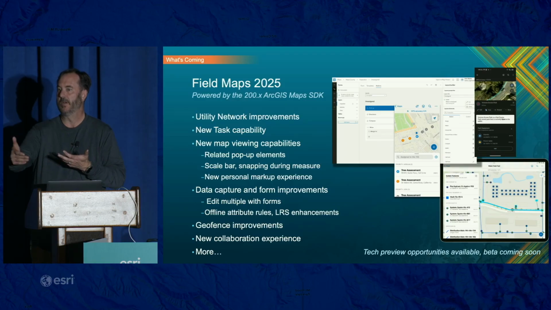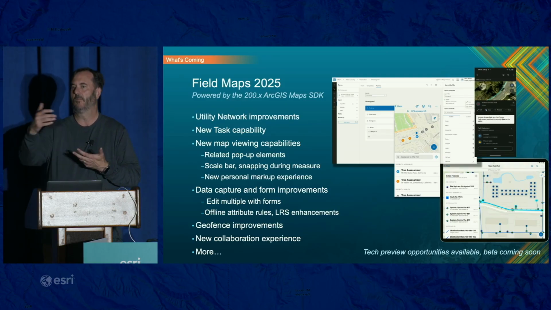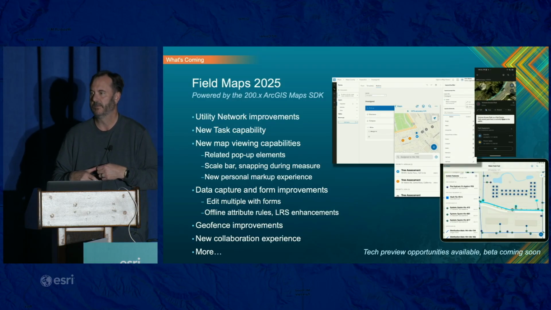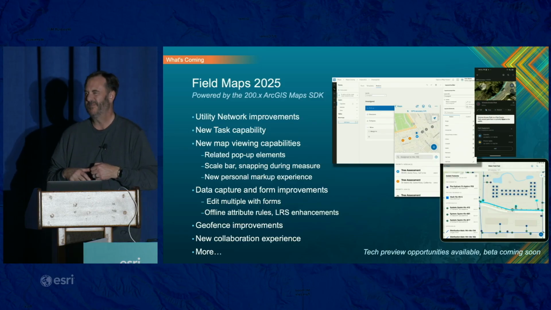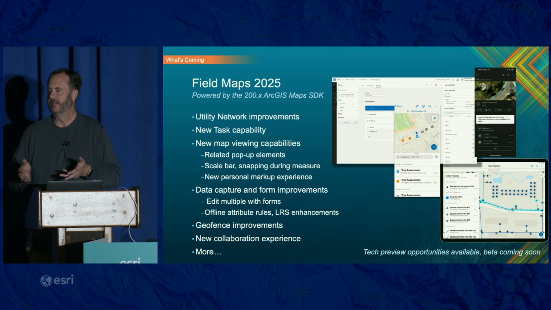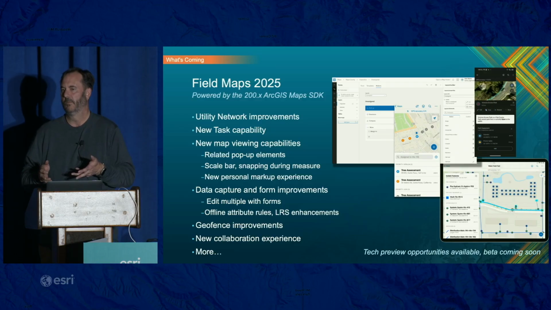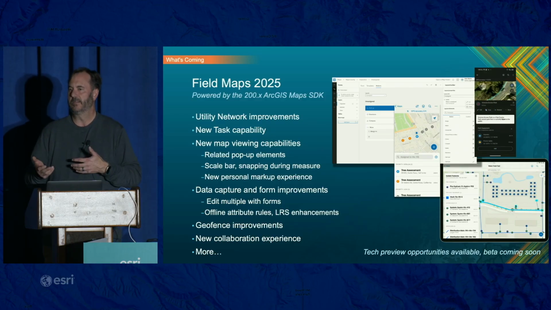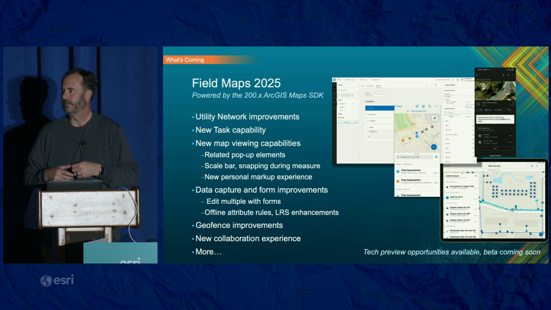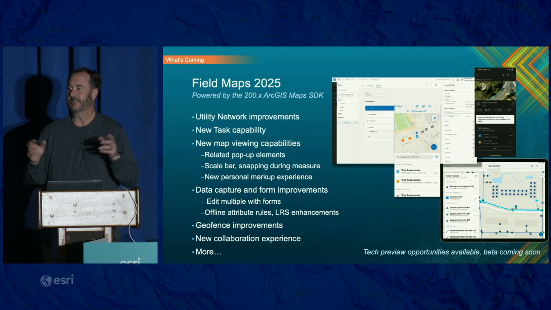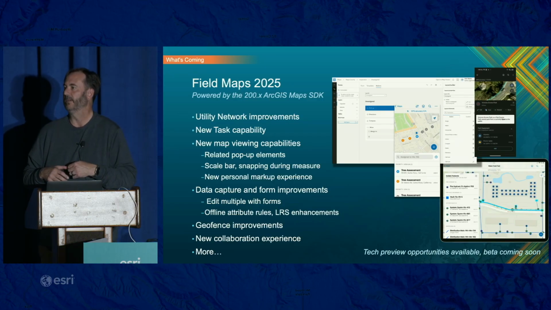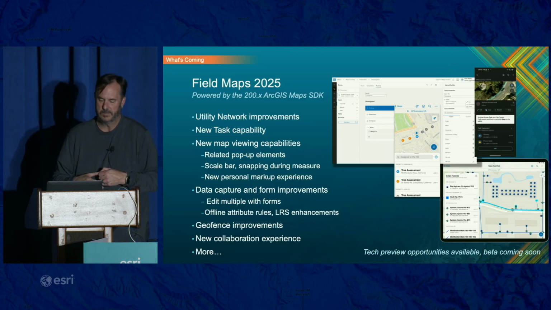So we're going to jump quite a bit by going from 100 to the latest 200 version of the Maps SDK. And some things like LRS support comes in. So what does that mean? Well, it means that if you're using linear referencing for, I don't know, a construction project, and you need to be able to do something like stationing and offsets, you can do it inside of Field Maps. And we've got some examples of how you can bring that to life.